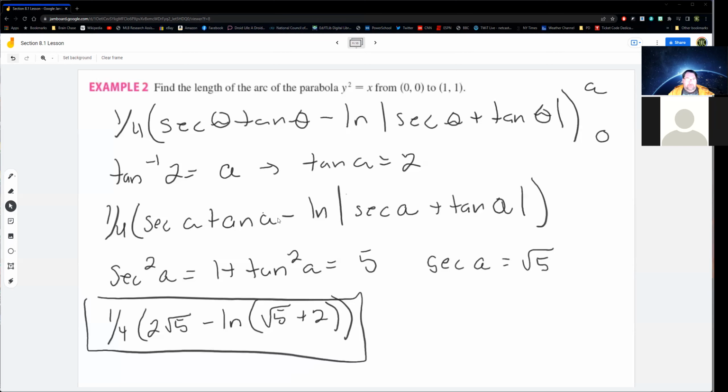The reason why, if you remember at the very beginning, I said I didn't want to use the arctangent of 2 is because instead of putting A's, all these would have been arctangents of 2, which would have made it a lot harder to see what we were actually going to be doing in the problem. Sometimes just replacing it with a letter makes it a little bit easier to figure out what you're going to be doing. The tangent part would have come out nice, because tangent of arctangent of 2 is just 2. But it would have been really hard to see what secant of arctangent of 2 would have been.